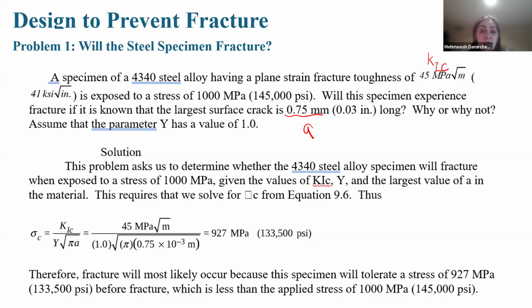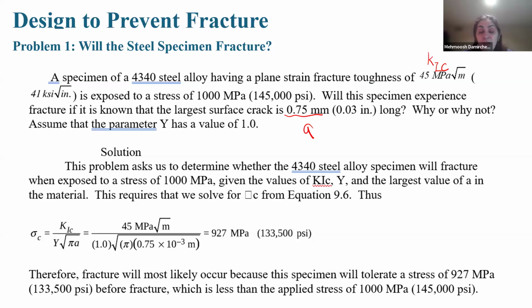But if it doesn't say anything about that, we have to find Y before the other calculation steps. So this problem asks us to determine whether this 4340 steel will fracture when exposed to 1000 megapascals. We have the K1C, the Y, and the A, so everything is clear for us.